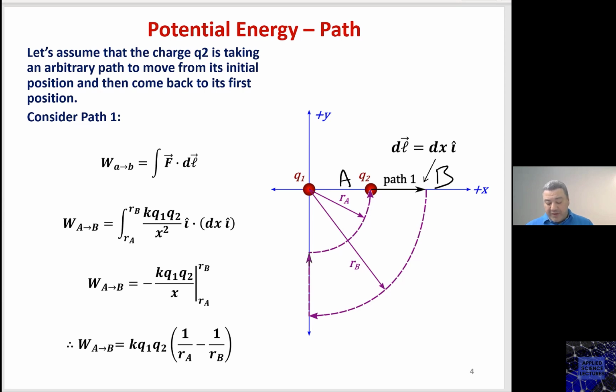Because now the electric field is non-uniform, the electric field at this point is different than this point, different than this point, and different than this point along the whole path. So I cannot say the force is uniform; I have to use integration.